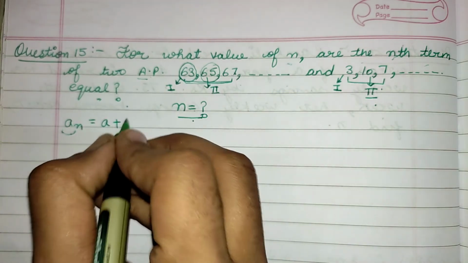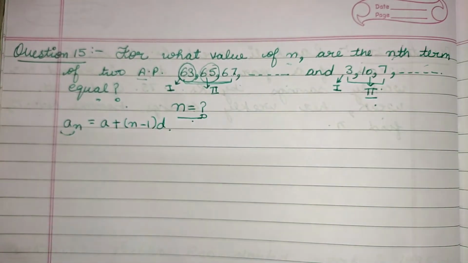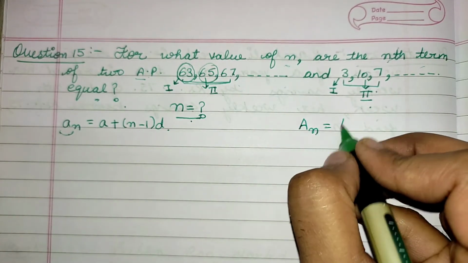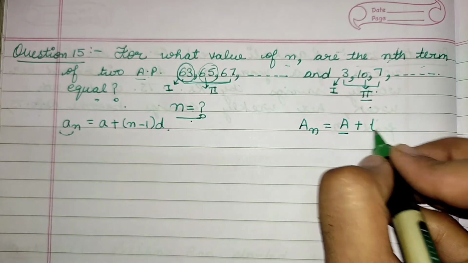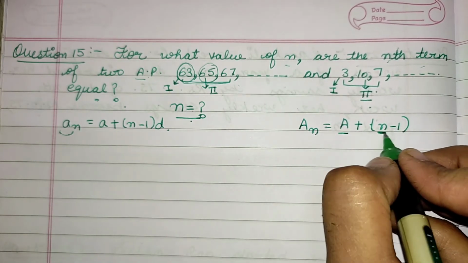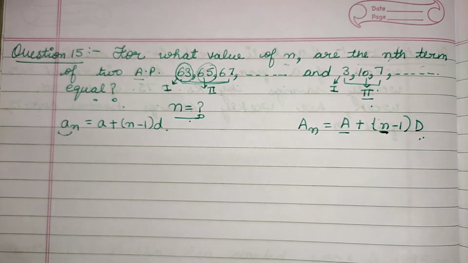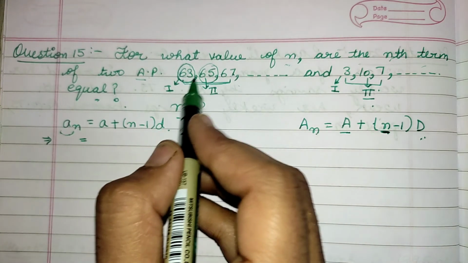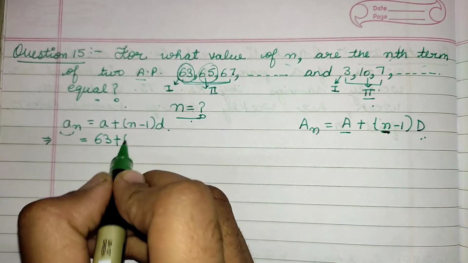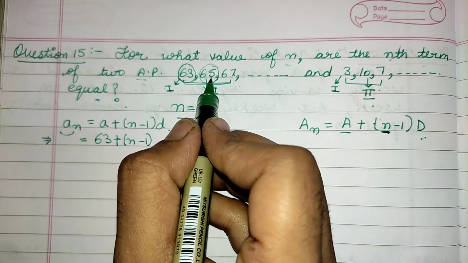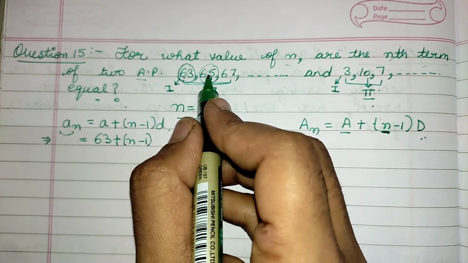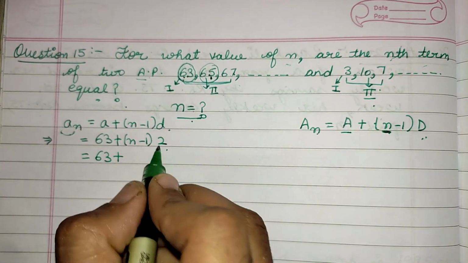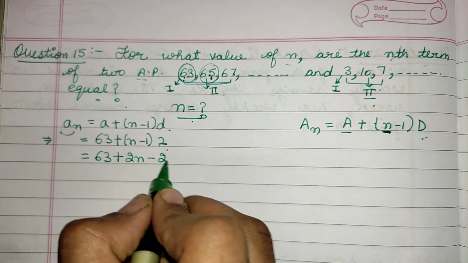By using the formula A plus (n minus 1) into D. Let us suppose for the second AP, the nth term is given by capital A and the first term is capital A. Small n is the same because the number of terms will be the same, and this is capital D. So now we know that A for the first AP is 63, and D is 65 minus 63, which is equal to 2. So I will get 63 plus 2n minus 2.